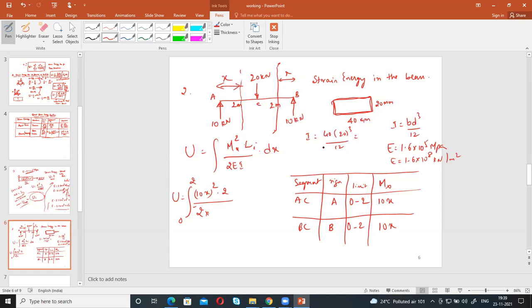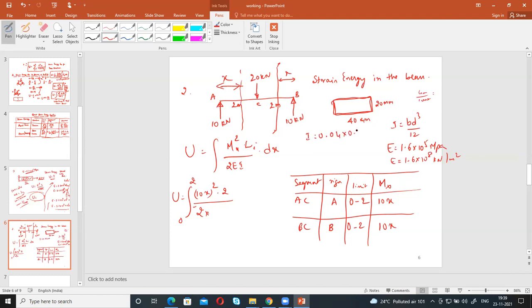If you want it in meter, directly take it in meter. 40 by 1000. How much? 0.04. 0.04, sir.